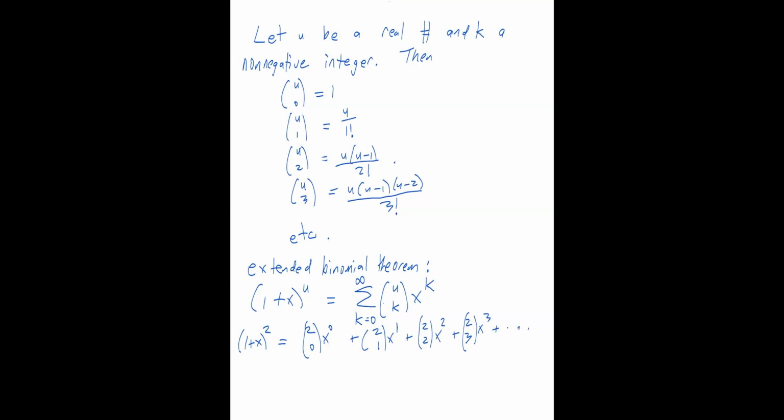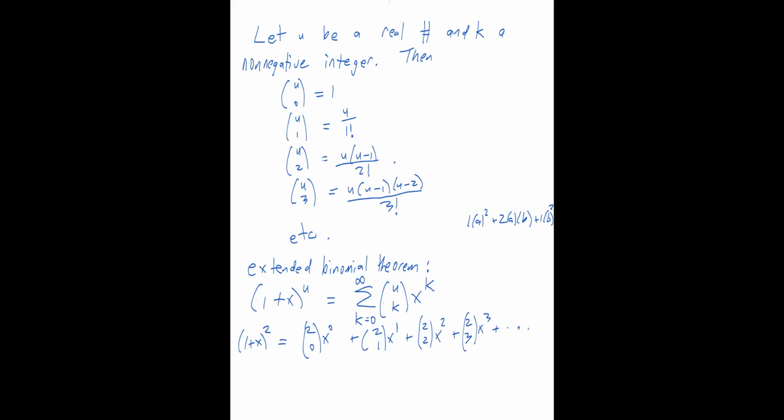The formula for a plus b squared is 1 times a squared plus 2 times ab plus 1 times b squared, right? So let's see if we get that.